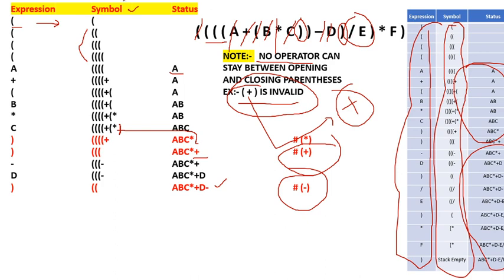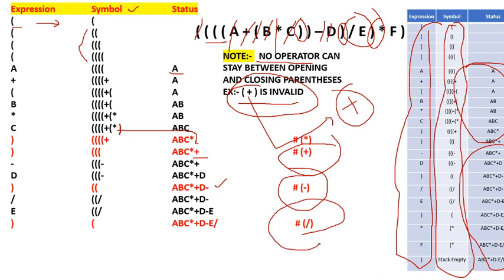Divide will be written in the symbol column, and e will be written in the status column. Again you will see a closing parenthesis, and divide will come between the parentheses, so you have to pop out the divide as well, and it will go on the status column.